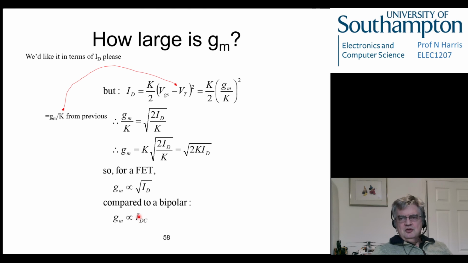So this tells us something about how the gain varies with IC or ID, which in this case was down to our bias conditions. The only thing we were interested in for the bipolar transistor, in terms of working out its gain, was the static collector current running through it, and that allowed us to calculate gm. Here it's now related to the square root of that, so gm is likely to be less for a FET than it is for an equivalent bipolar.